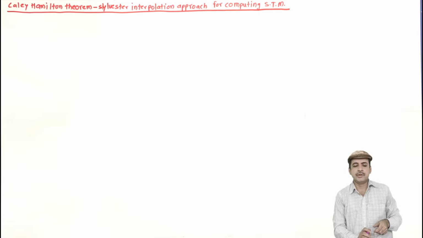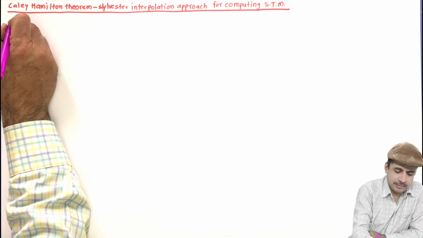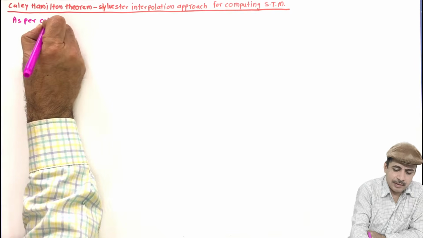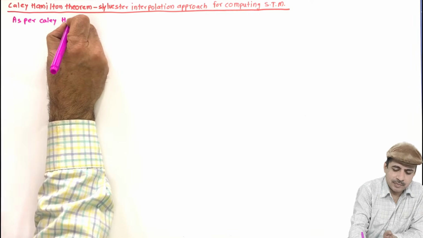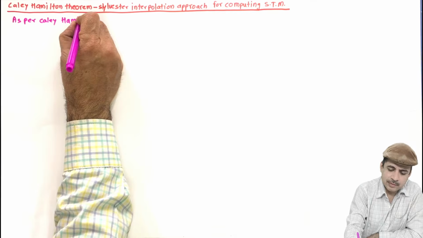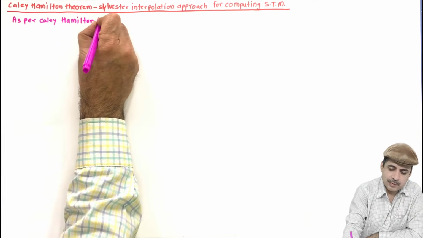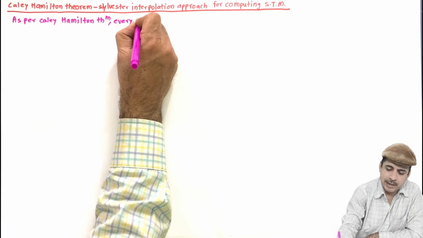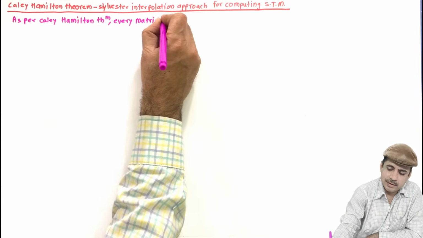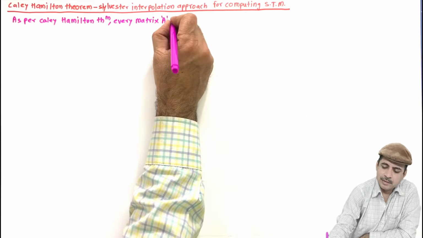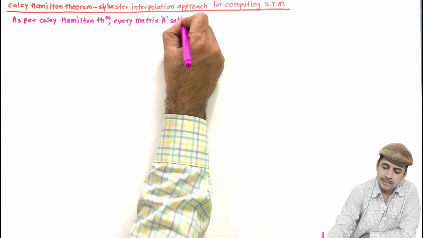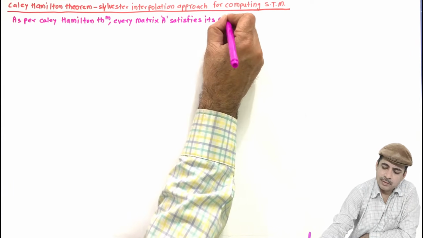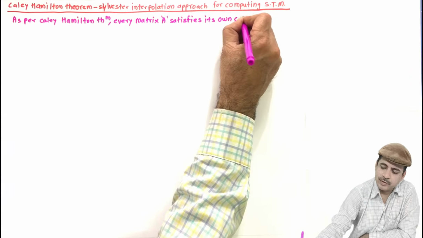So as we know, as per Cayley Hamilton theorem, every matrix A satisfies its own characteristic equation.